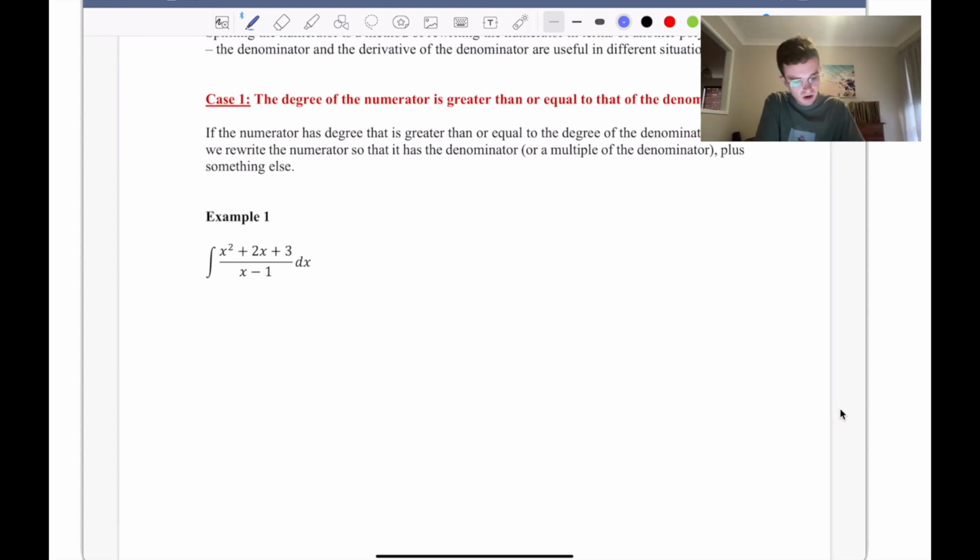But I could factorize this, and this is where it can get a bit tricky. I could factorize this, x squared plus 2x. I definitely could factorize that on x minus 1.